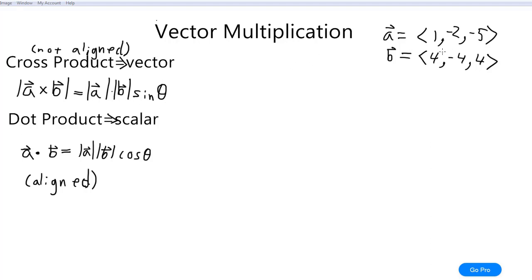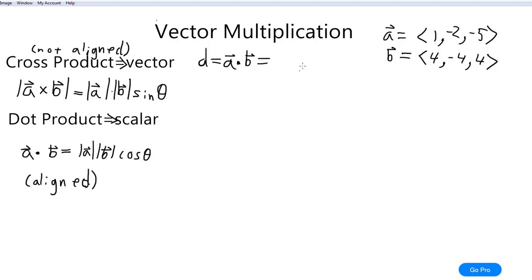I'm going to start off with the dot product because it's much easier to do. The dot product, we'll just say D, D for the dot product. It's not a vector, it's a scalar. So D is going to equal A dotted with B. If you want to be all fancy, make your dots huge.